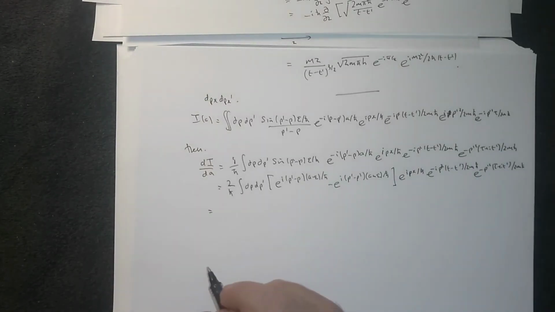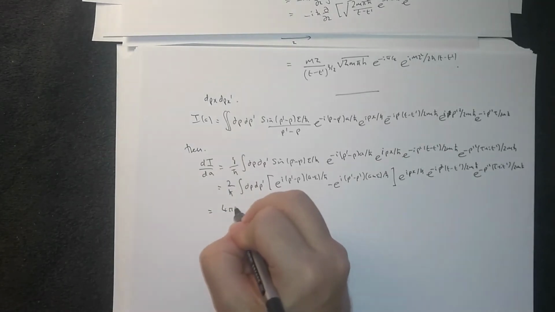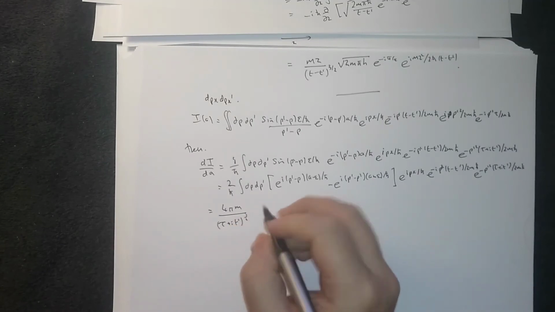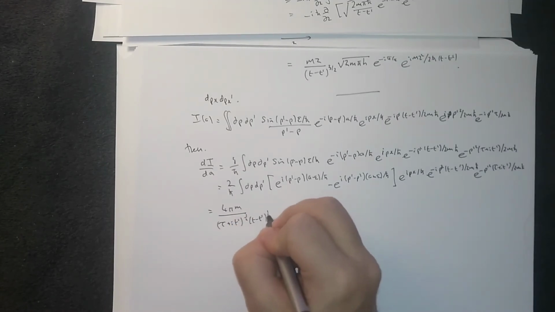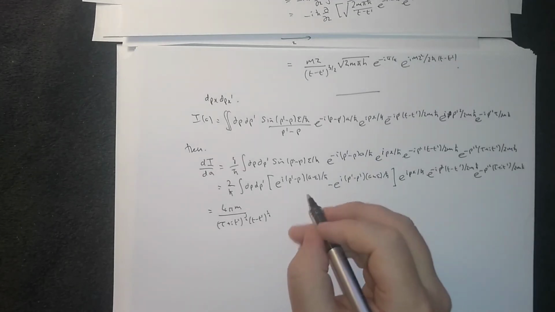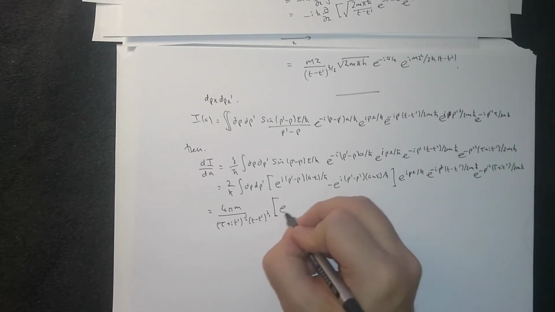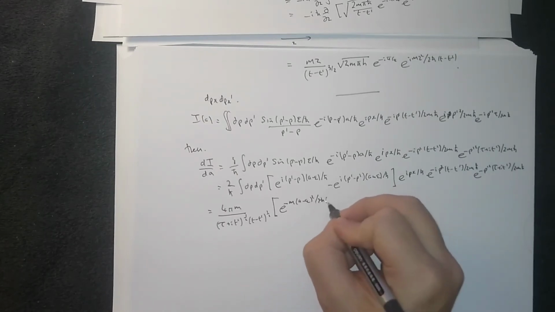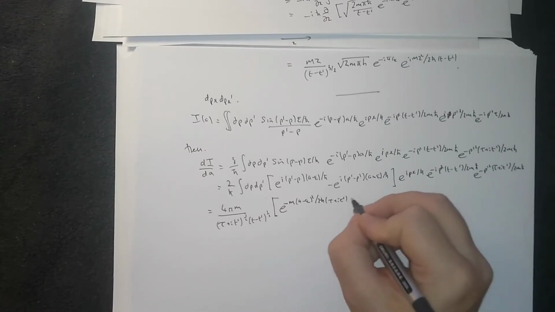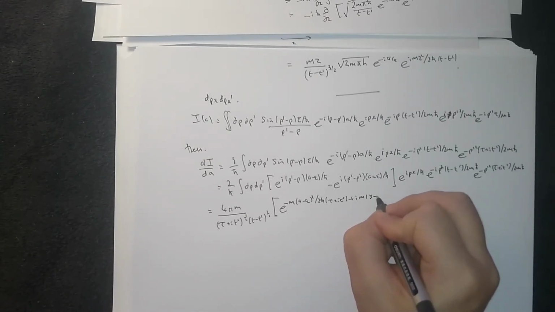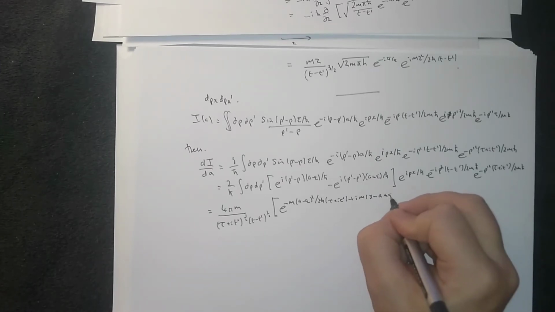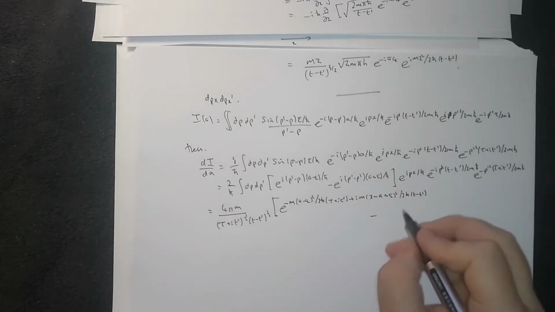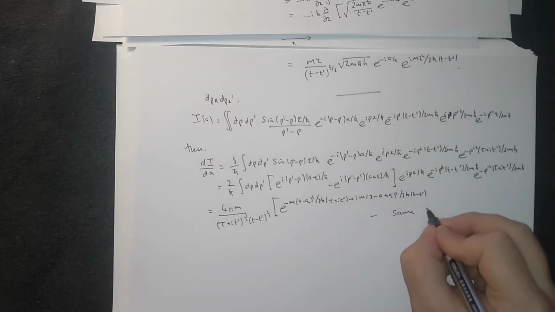And that's 4 pi m over (tau plus i t prime) to the 1/2, (t minus t prime) to the 1/2, times e to the minus m (a minus epsilon) squared over 2 h bar (tau plus i t prime), plus i m (x minus a plus epsilon) squared over 2 h bar (t minus t prime), minus the same, but with epsilon goes to minus epsilon.